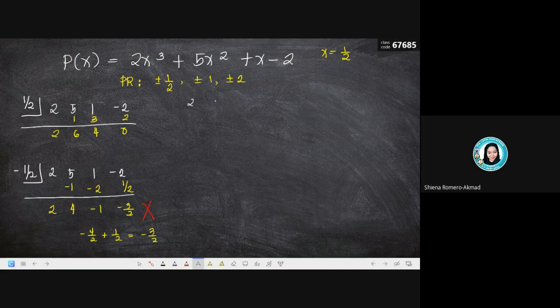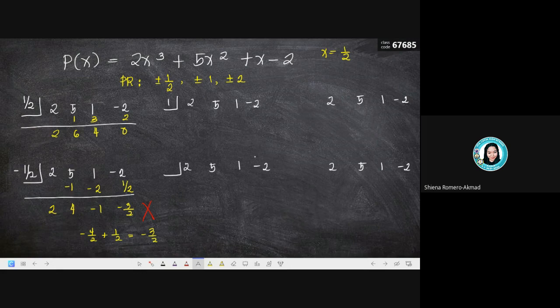So, 2, 5, 1, negative 2. Taas natin konti. 2, 5, 1, negative 2. So, lagyan na rin natin dito. Okay.